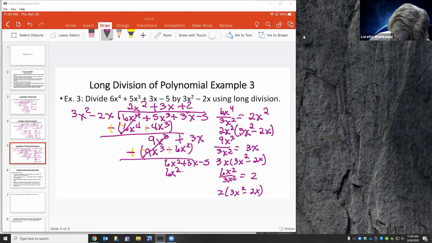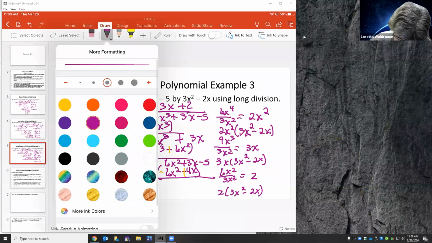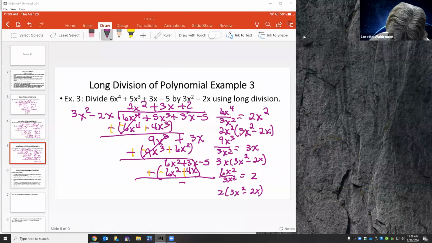Okay, minus 4x, subtract, so change my signs. And I'm left with 7x minus 5. Because x is a smaller power than x squared, that is actually your remainder.